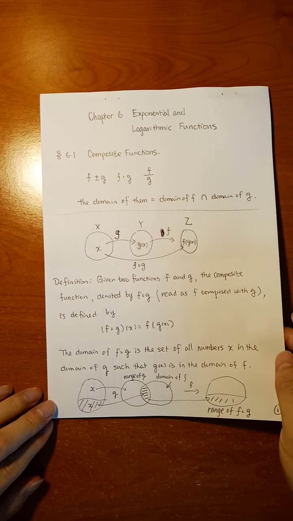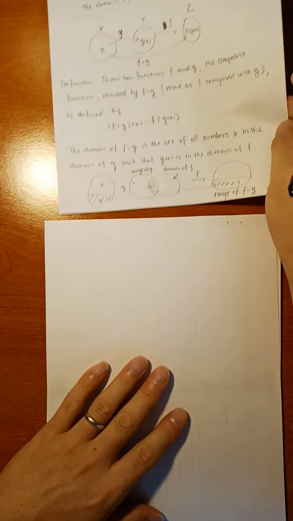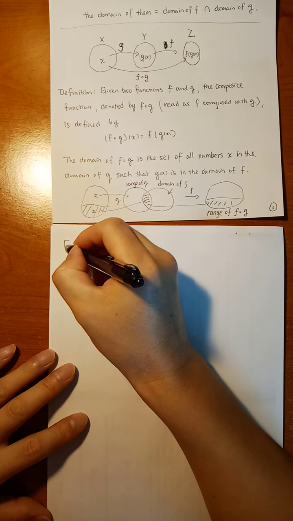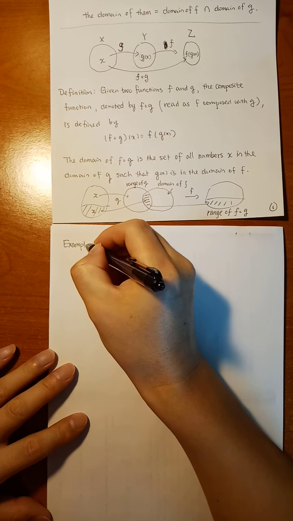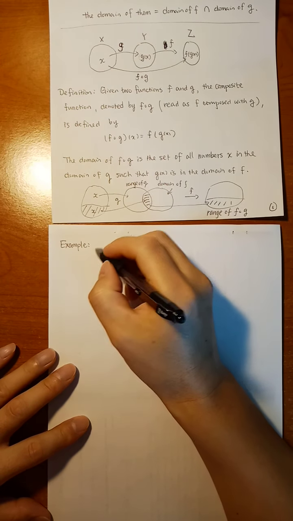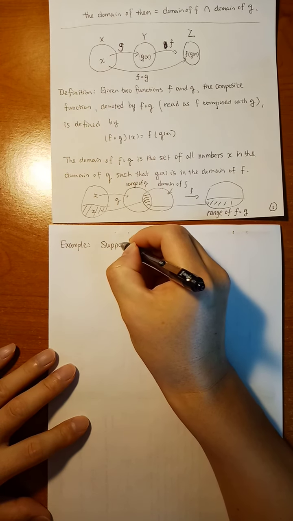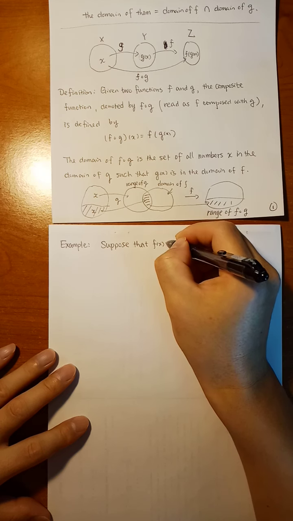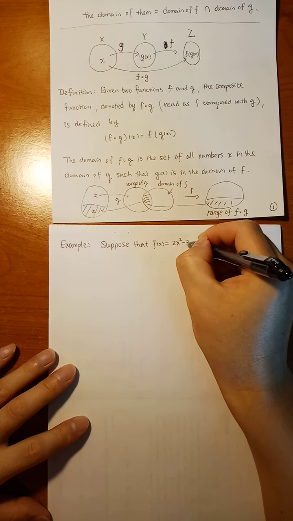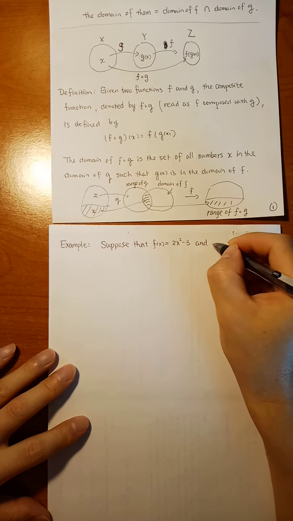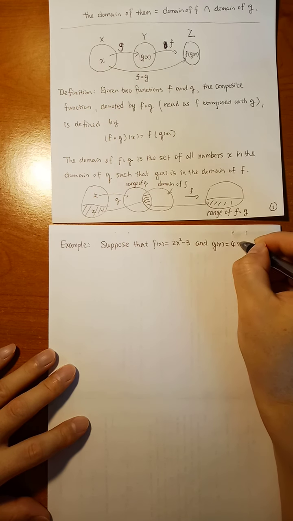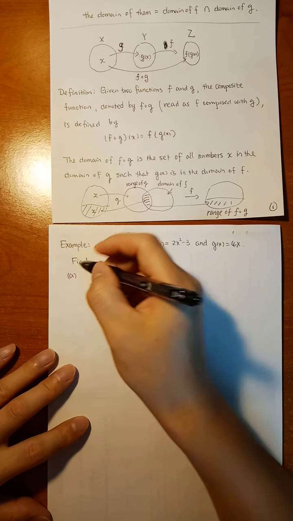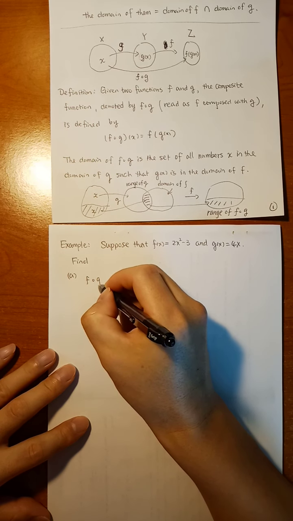Okay, let's see the example. Suppose that f of x is equal to 2x squared minus 3, and g of x is equal to 4x. Find a, f composed with g of 1.